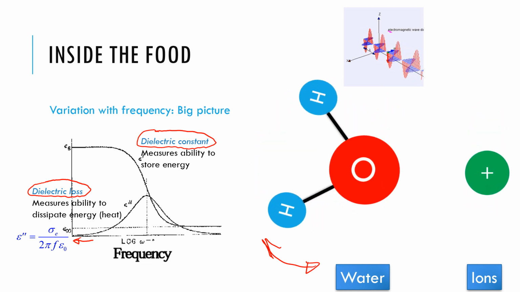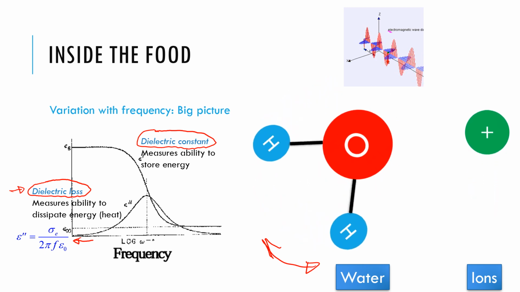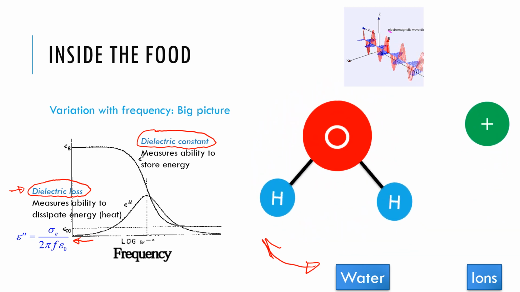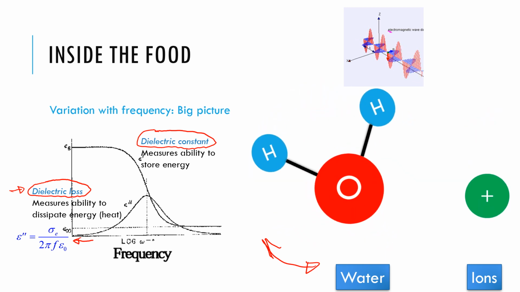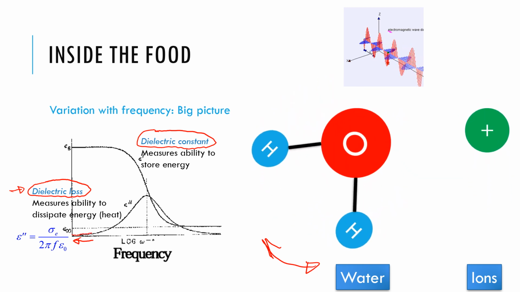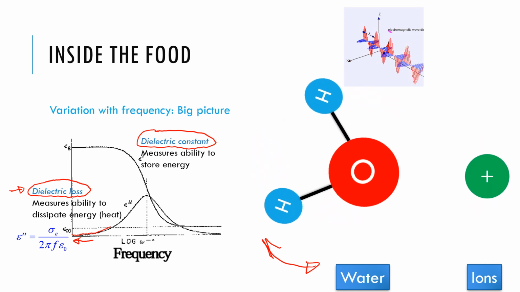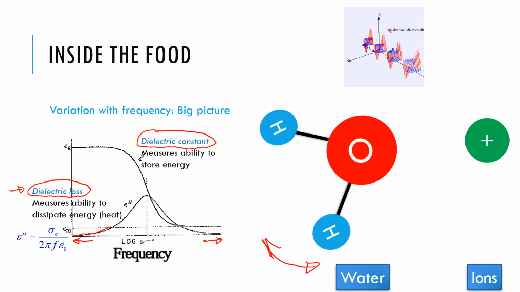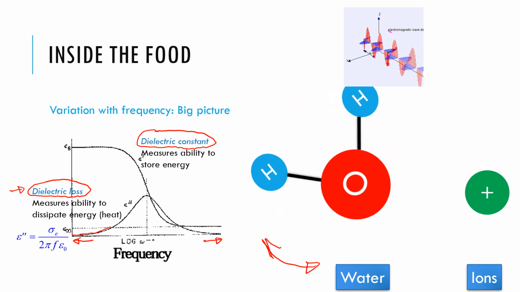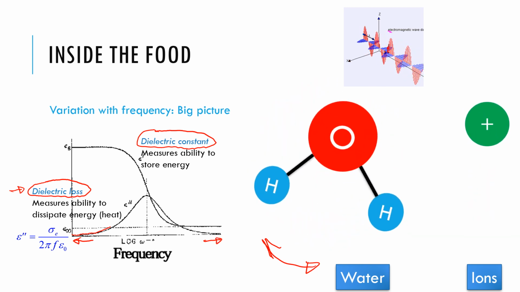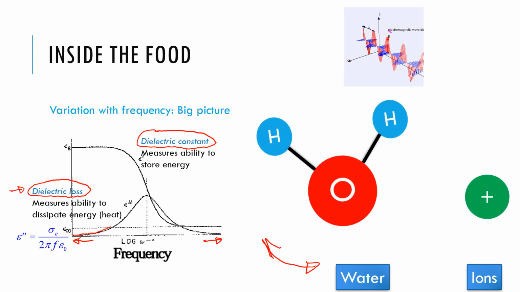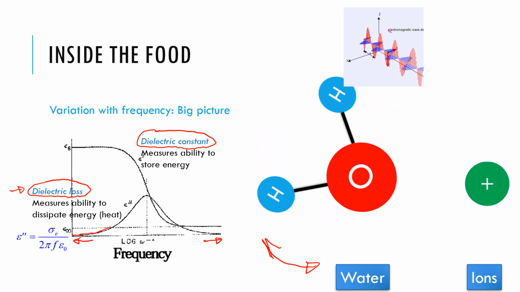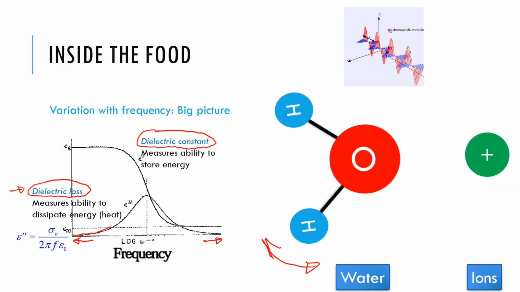So then the property that determines the ability to generate heat, dielectric loss, is going to be small in this low frequency range. At the opposite extreme, at the high frequency range, when the field changes directions too fast, then this molecule, we can kind of think of it as having an inertia. It's not going to be able to follow the field.